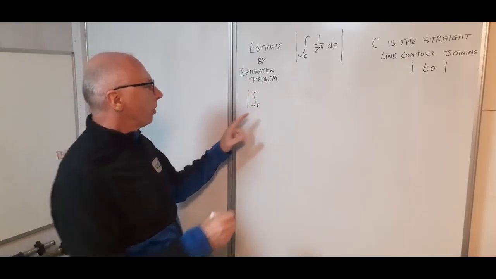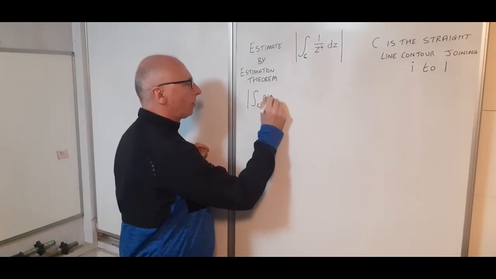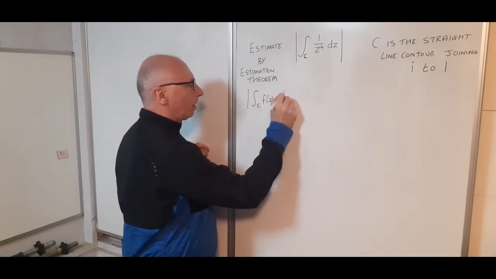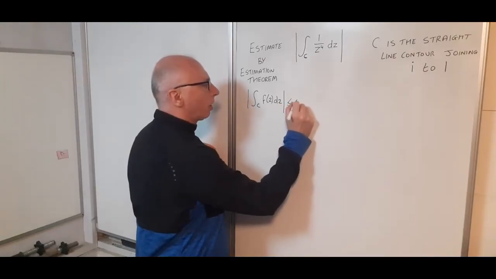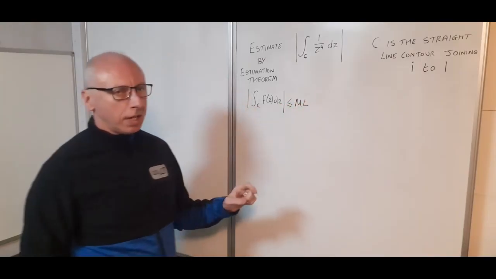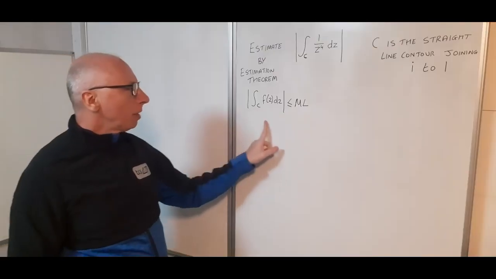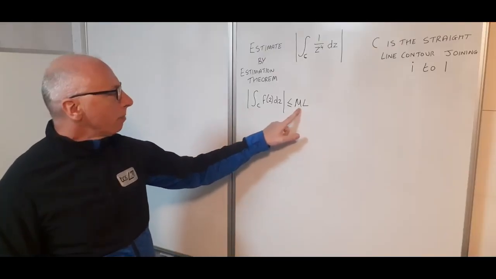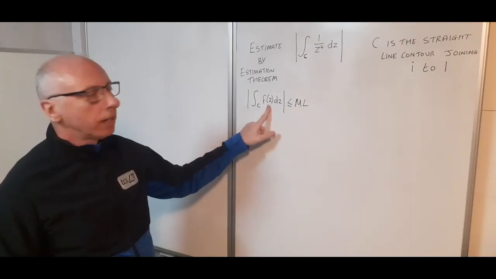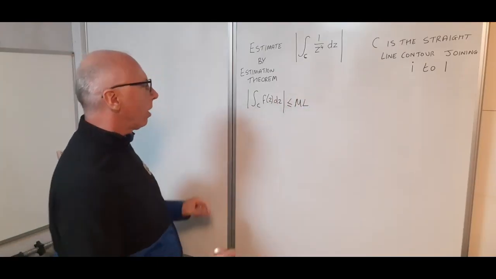So the absolute value of some integral of f of z dz, its absolute value, is less than or equal to, now we need two constants here, M and L. So this is sometimes known as the ML inequality. Now M is the maximum value of f of z on this straight line contour.